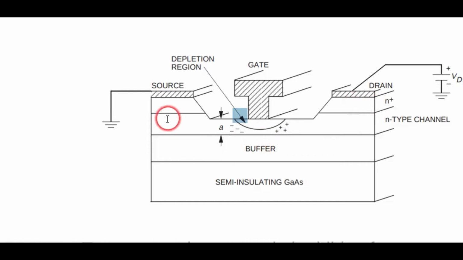Then on top of this, you would put some metals to make the source and the drain. I remember we used nickel gold germanium, and then we would heat it up so it would diffuse in, and it would then allow electrons to get in and out with minimal resistance.